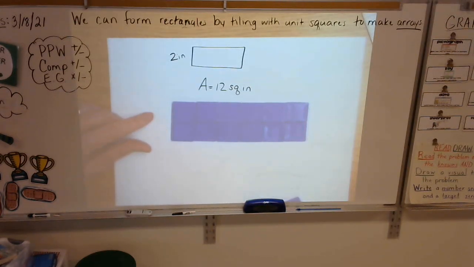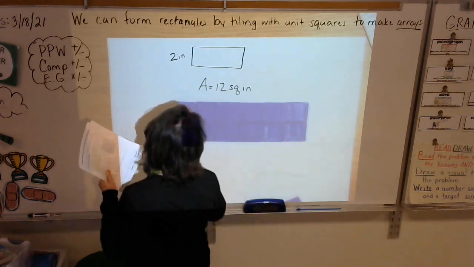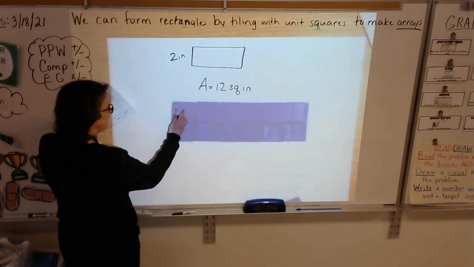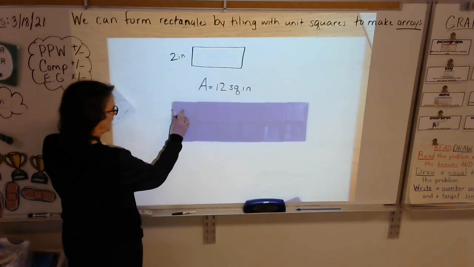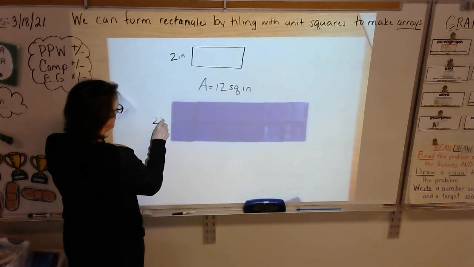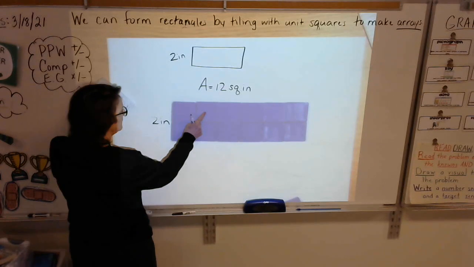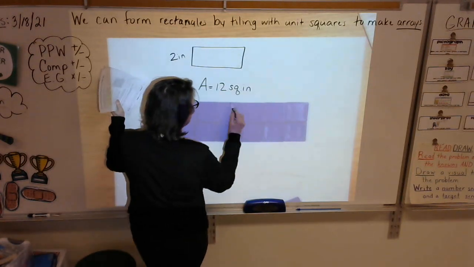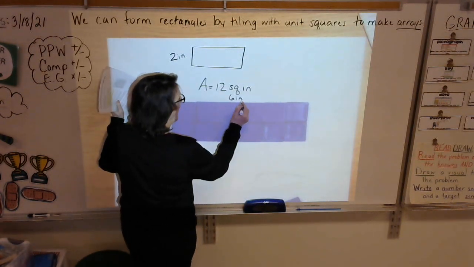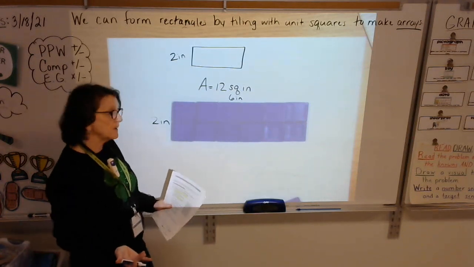And we can show our skip counting, so I'm going to come back up to the board and show you. Now we can count the tiles on the side to label this rectangle we built with our tiles: 1, 2. And we can count along the top: 1, 2, 3, 4, 5, 6. This is 6 inches. And then we can show skip counting. We skip counted by 2s, didn't we?